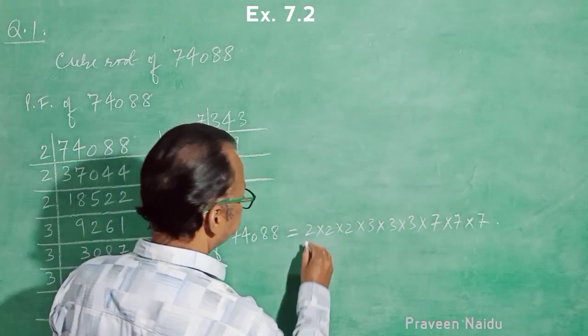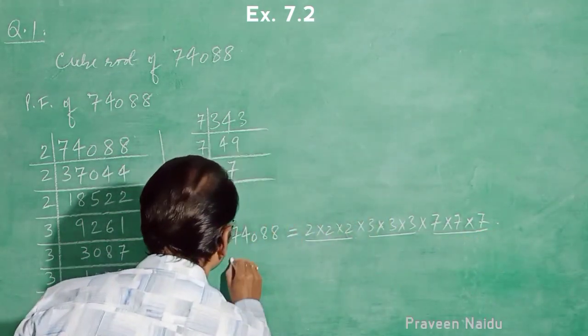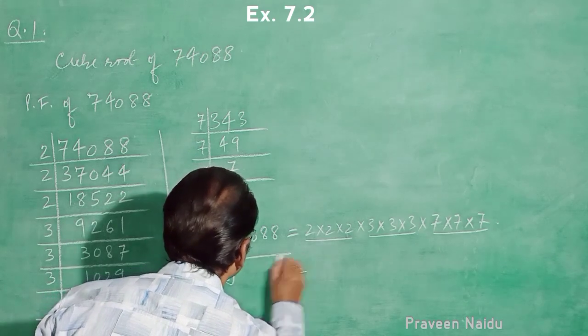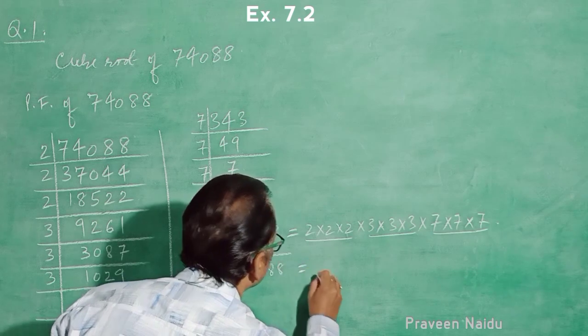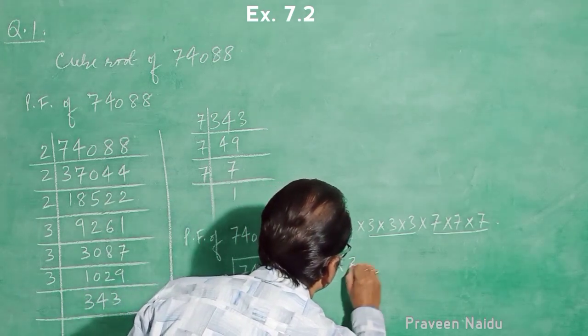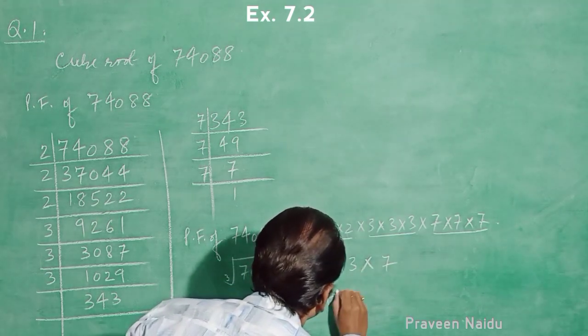So our cube root will be 2 into 3 into 7, that is 42.